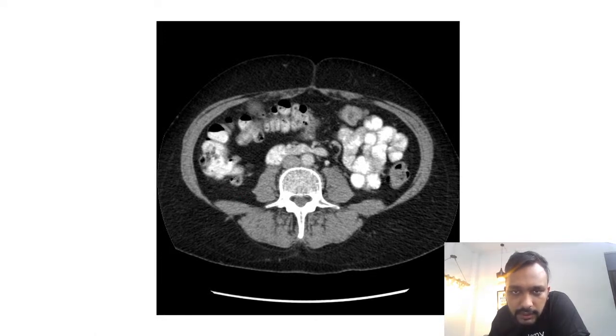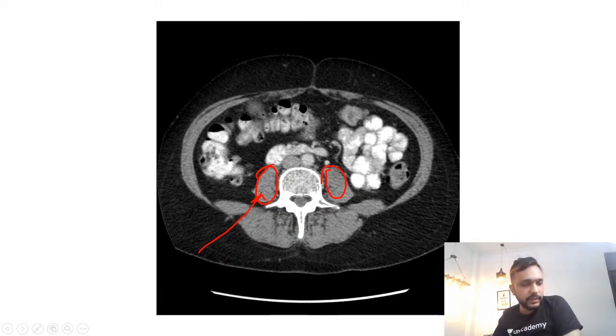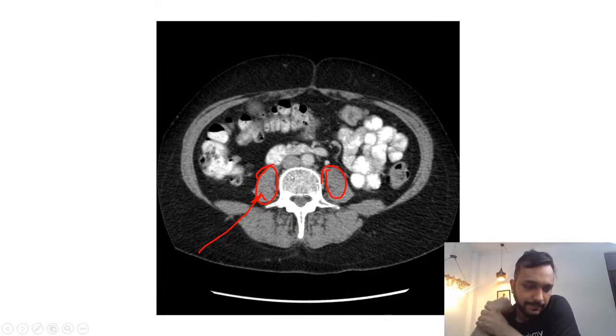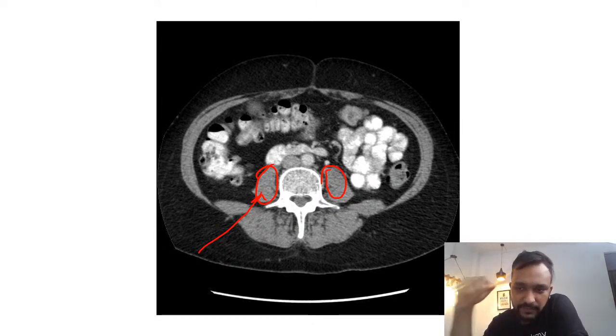Now guys, coming to a few more structures. Can you tell me which structure is this on either side of the vertebra? No, this is not kidney. No, Priyanka, this is not kidney.